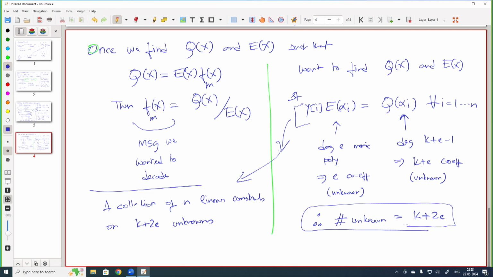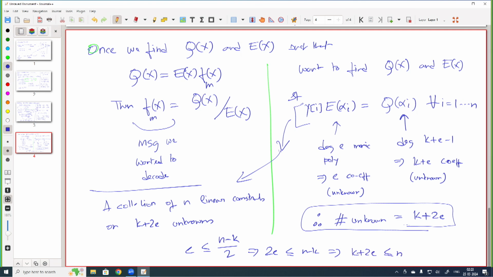And what do we know about e and n? e was less than or equal to (n minus k) by 2, which means 2e is less than or equal to n minus k, which means k plus 2e is less than or equal to n.